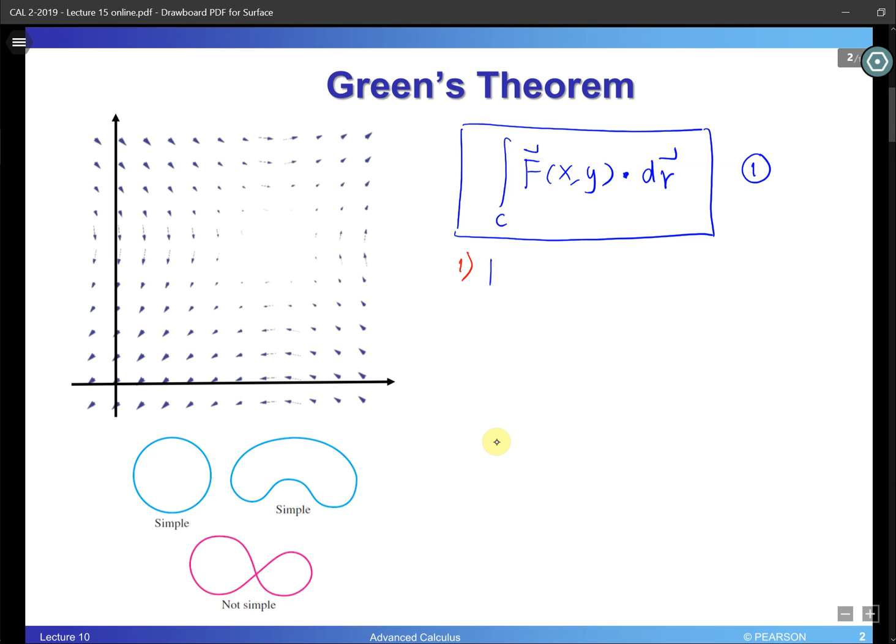Path is closed loop. What does it mean to be closed loop? Alright, let's take a look here. Before, we had this point A, and we had this point B, and we performed the line integral along this vector field, along this curve, and it ends here.